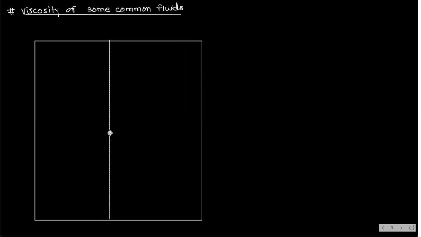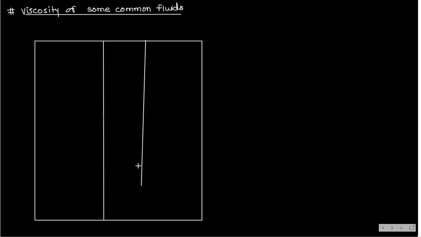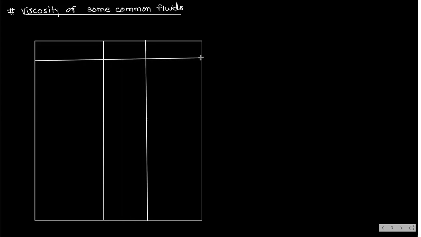Like this table you can make. In the first column you write fluid, here temperature in degrees Celsius, and here viscosity. Okay, make a table like this.